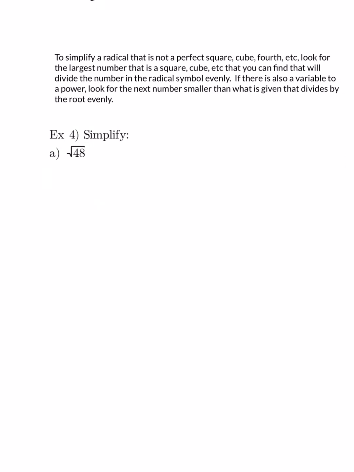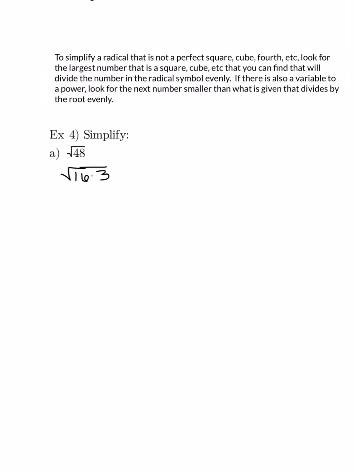36 is a square. That does not divide 48. 25 is a square. It doesn't divide 48. 16 is a square. It does divide 48. So we are going to break the square root of 48 into the square root of 16 times 3.